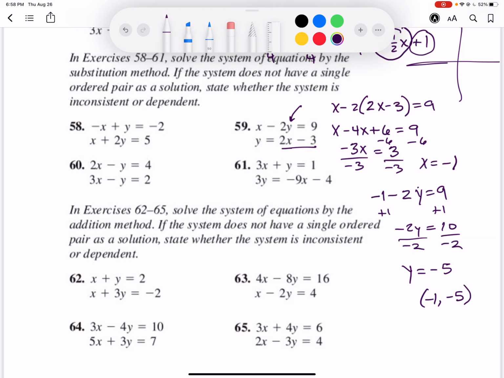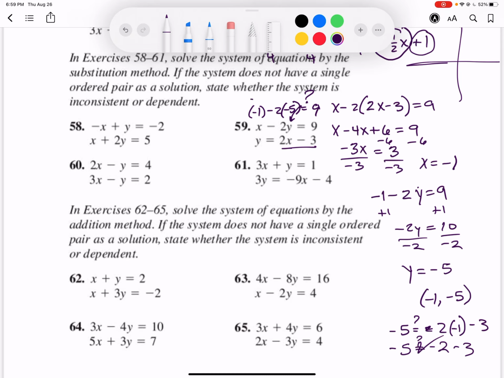So we want to know, is this true for the other equation? So does negative 5 equal 2 times negative 1 minus 3? Oh, I double equaled, sorry. So negative 2 minus 3, so that's true. And then let's plug it back into the first equation as well. So we've got, does negative 1 minus 2 times negative 5 equal 9?